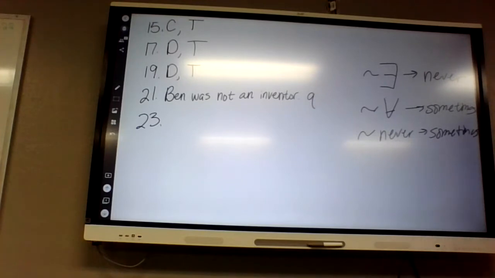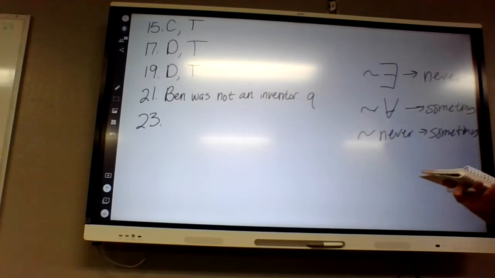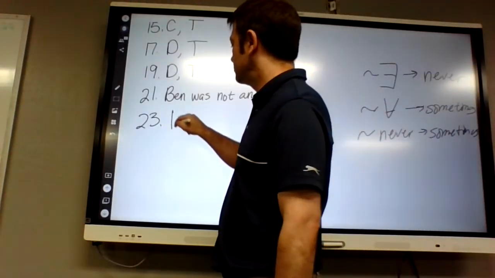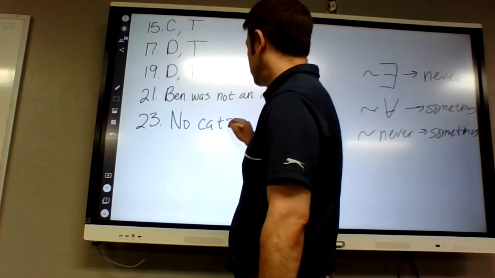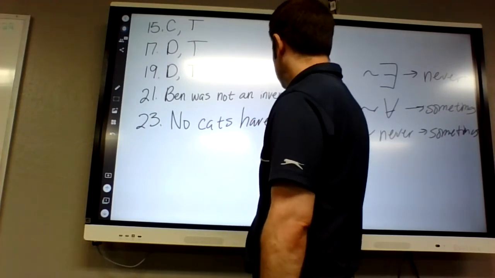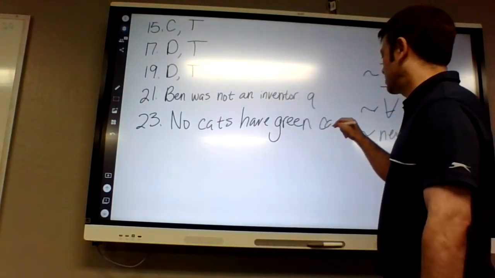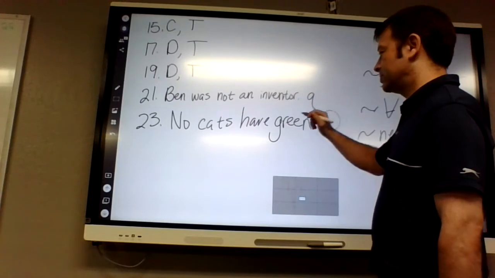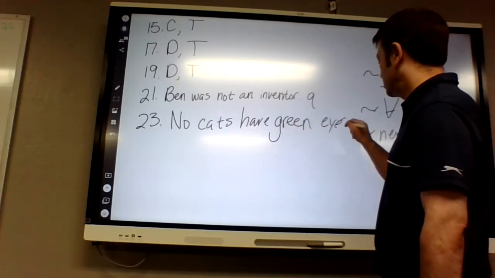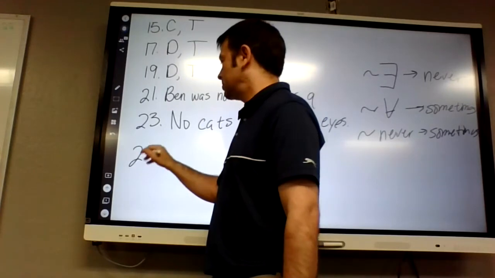Probably the best way is just put a not in there and then make it sound like actual English. So, not some cats have green eyes would be what? No cats have green eyes. We don't have to say true or false on these.